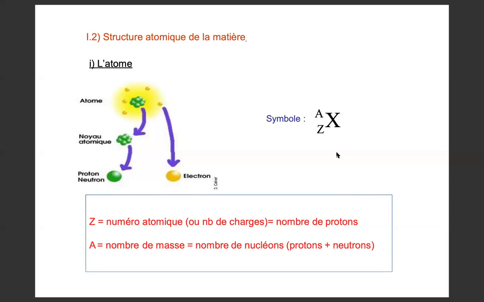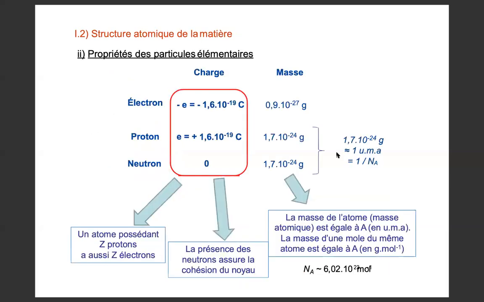Okay, we'll forge ahead. So we are saying the properties of the elemental particles, that is the electron, the proton, and the neutron, have the following charges. So in normal chemistry, we were saying the electron has a charge of -1, the proton has a charge of +1, and the neutron has a charge of 0.